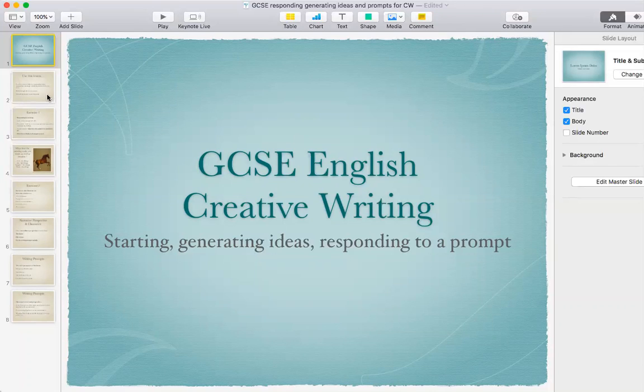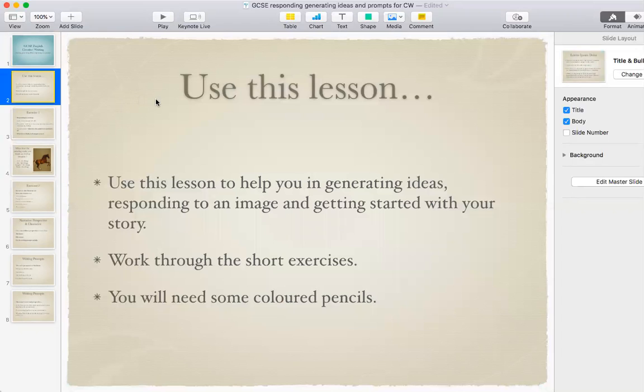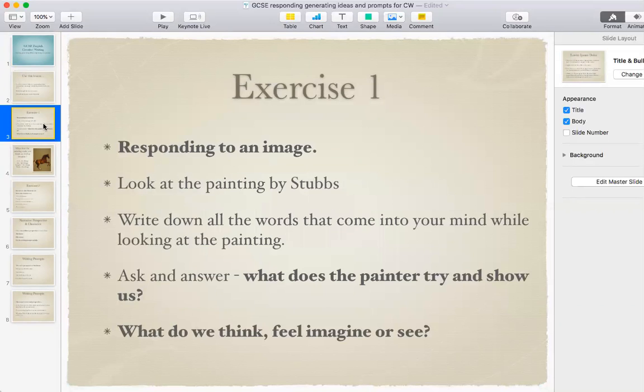Okay, so what's this lesson about? We're going to use this lesson to help you generate ideas in responding to an image and starting with your story. I want you to work through the short exercises. You will need some coloured pencils. We're going to look at an image, a painting by Stubbs, which is in the National Gallery.